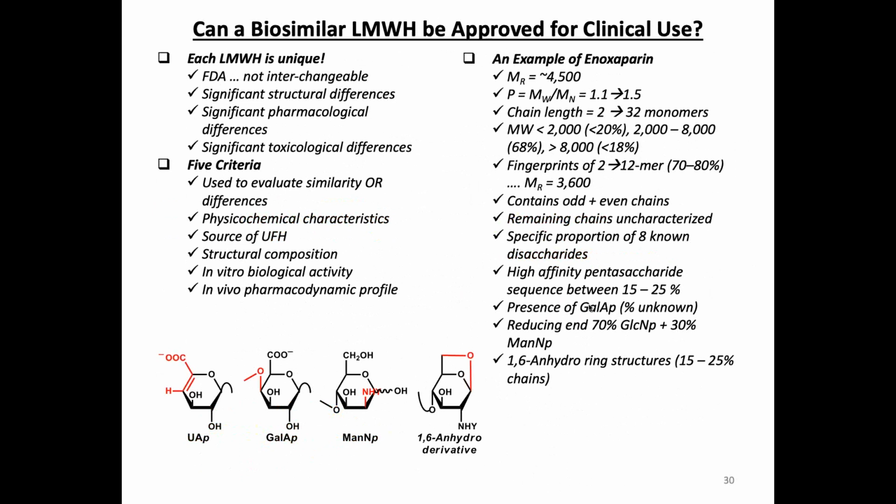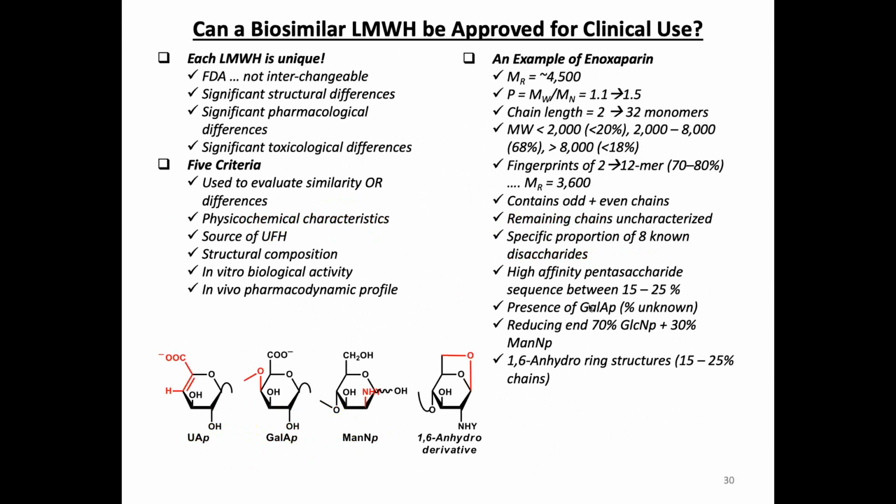But here, the FDA is basically saying that if I make generic enoxaparin today and try to put it to the clinic, I have to use the same unfractionated heparin as Sandoz is using today. That's phenomenally complicated, right? That means I have to go and find that manufacturer in China and purchase it from him.